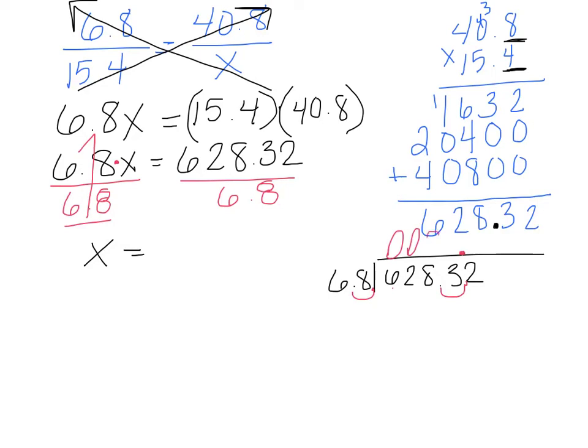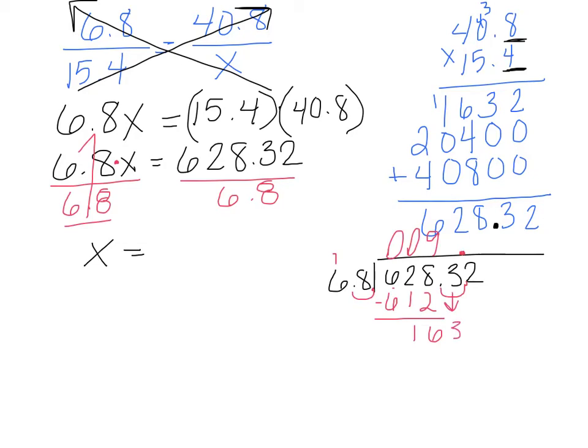So I'm just going to guess a little bit less and see if I'm right. 9 times 8 is 72. Carry my 7. 9 times 6 is 54. Plus 7 is going to be 61. And now I'm going to subtract. So I get 16. So I have to bring down my 3.